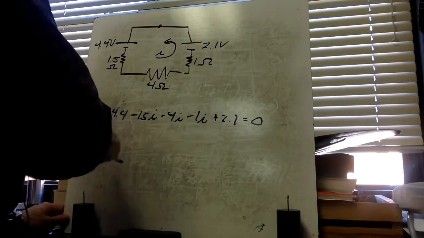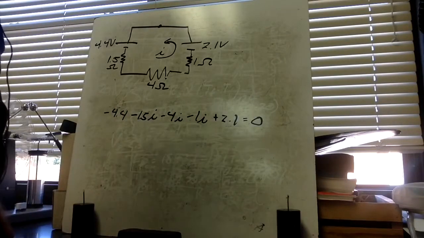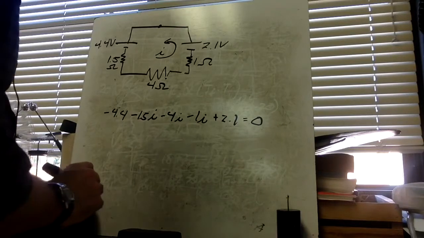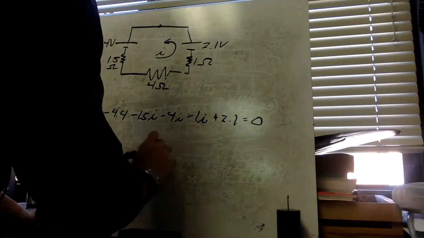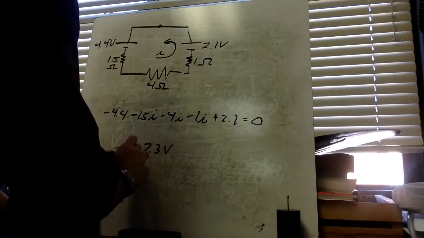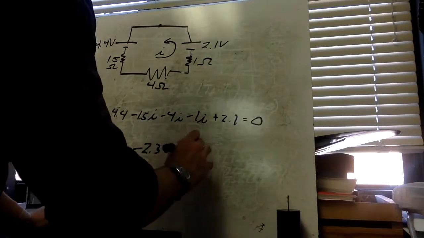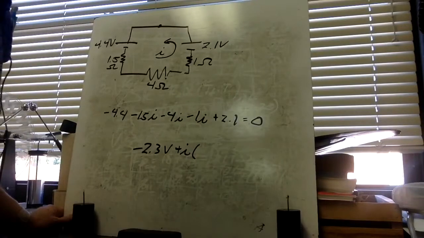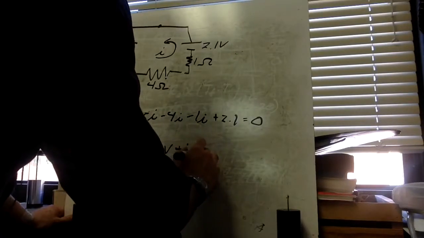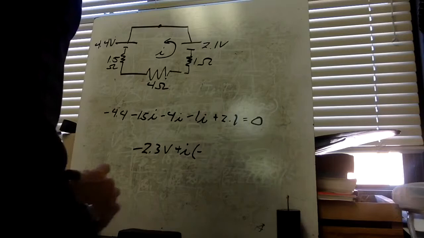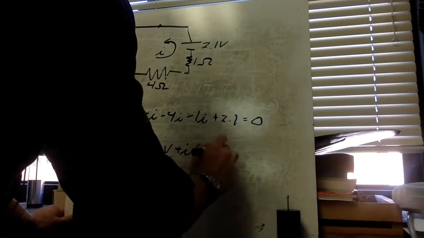And so this ends up looking like negative 2.3 volts plus I times 6.5, or negative 6.5.